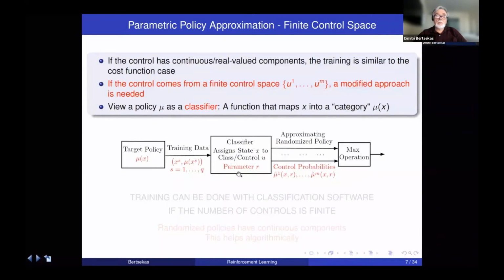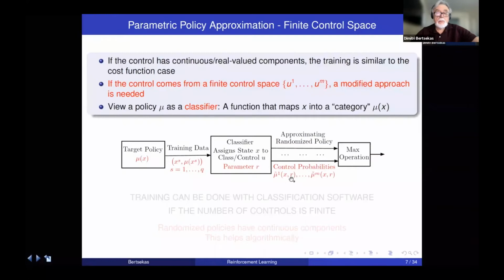Now, many, not all, but many classifiers do not produce a single category to assign to any given state. Instead, given a state, they produce a probability distribution over the different categories.